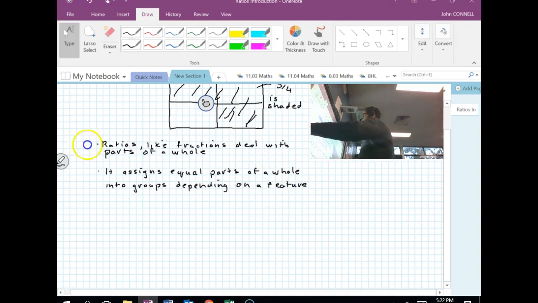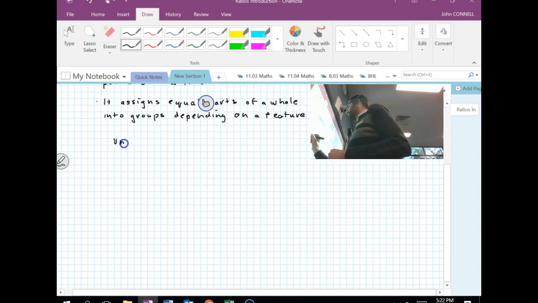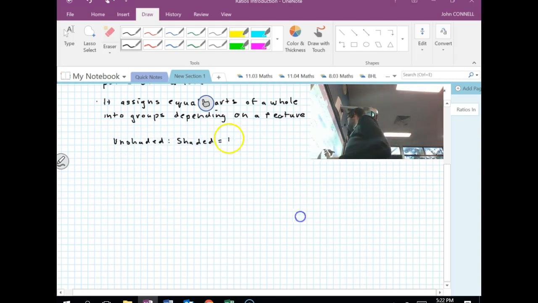So, for example, to take the example that I had before where we shaded those 3 parts, I could say that unshaded is to shaded is equal to 1 is to 3. So one part was unshaded and the other 3 parts were shaded.